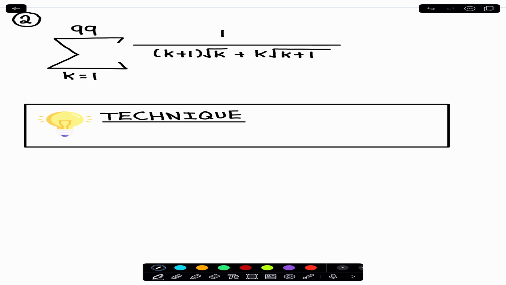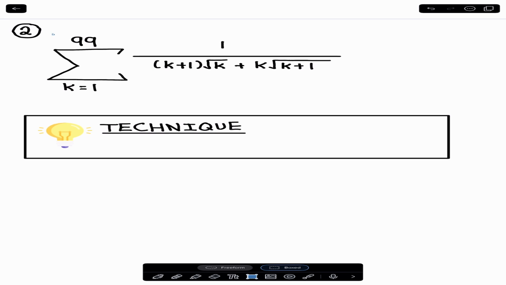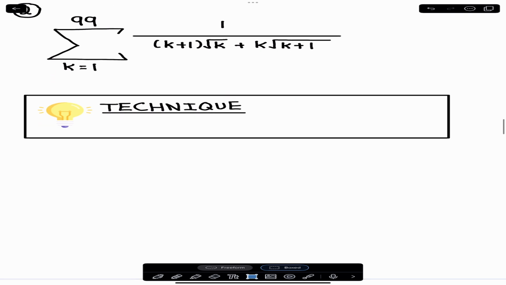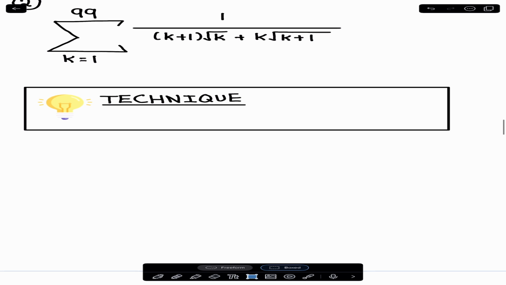So the reason I selected this problem was because I want to make a point. So let's get straight into it. And what's the point I want to make? The point I want to make is that this problem is nothing special, basically.